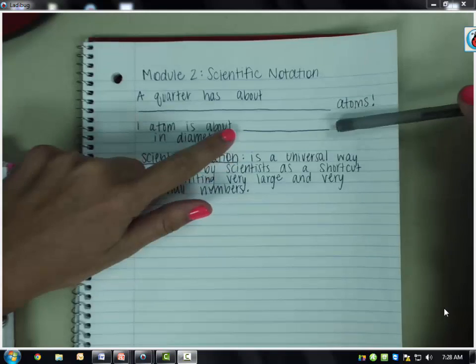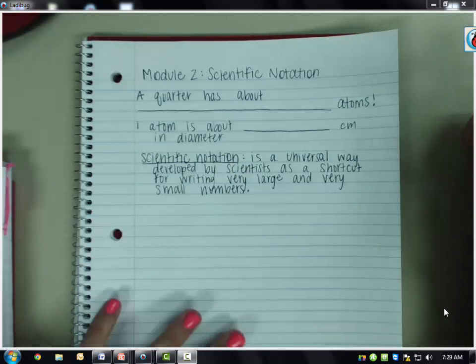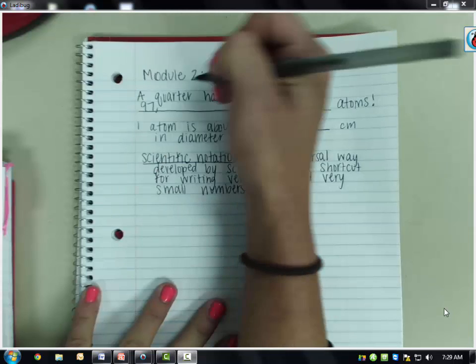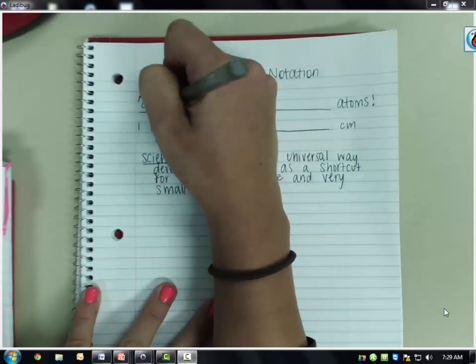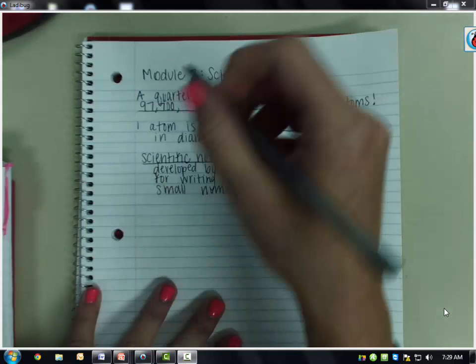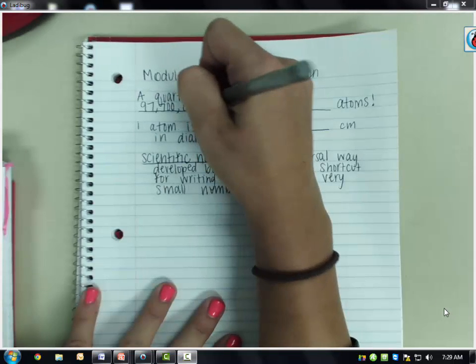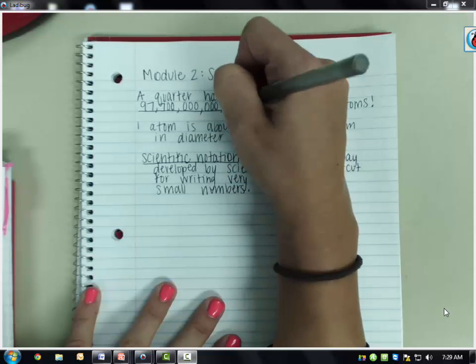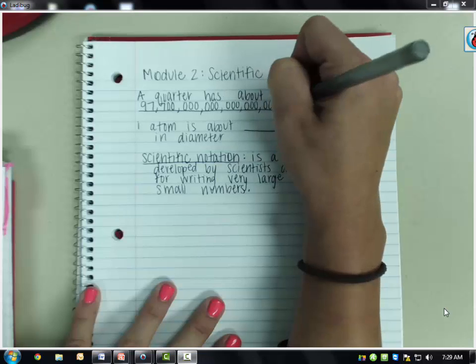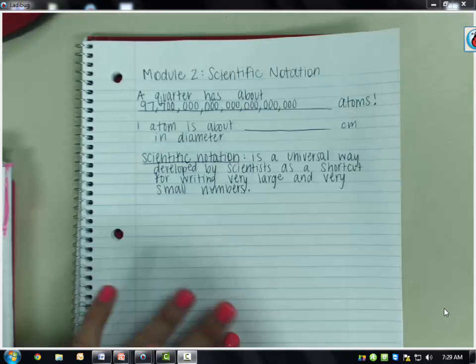So I'm going to write it out for you. It's 97, comma, then write a 700, and then you're going to do 6 sets of zeros. That is a huge number. And I'm going to be honest with you, I don't even know how to say it.